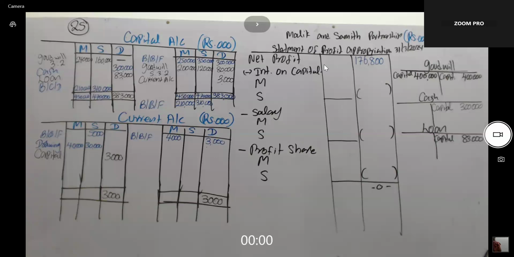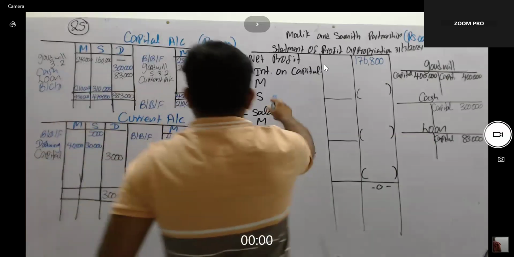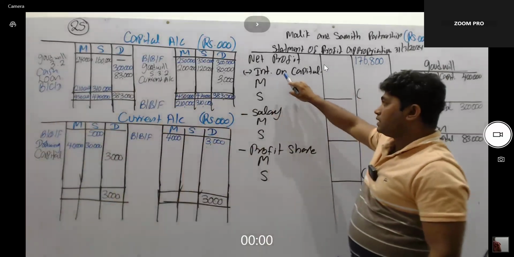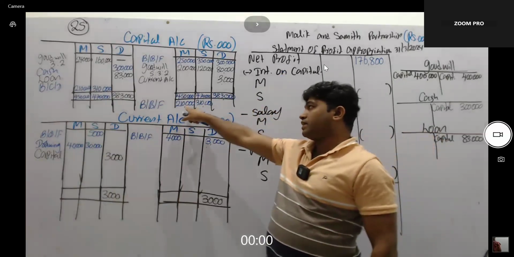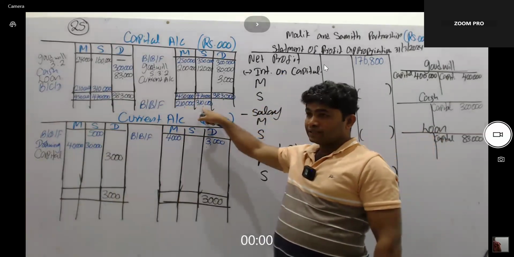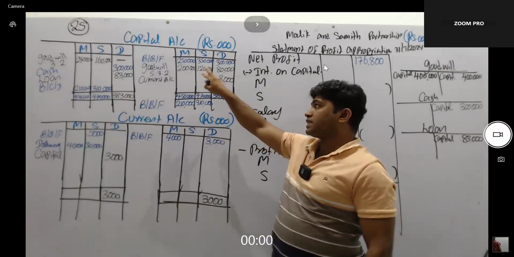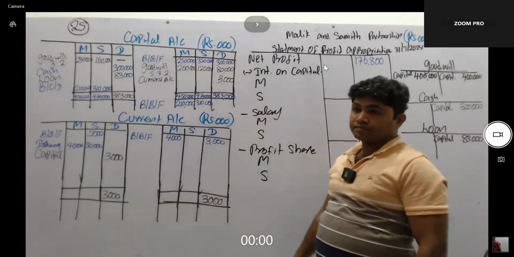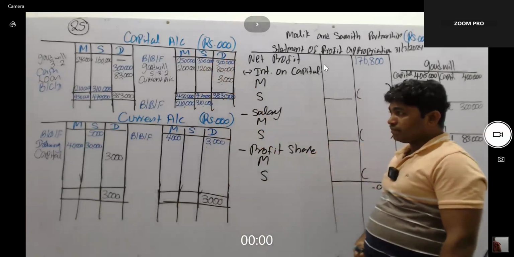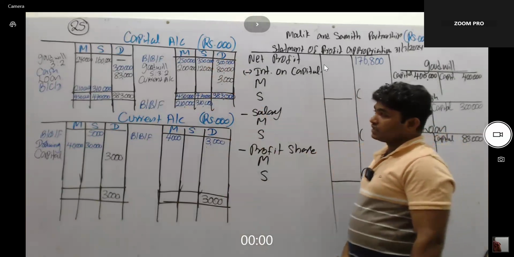Now, how to calculate interest on capital. Normally, interest on capital should be calculated based on the closing capital account balance if admission or retirement is given at the beginning of the year.